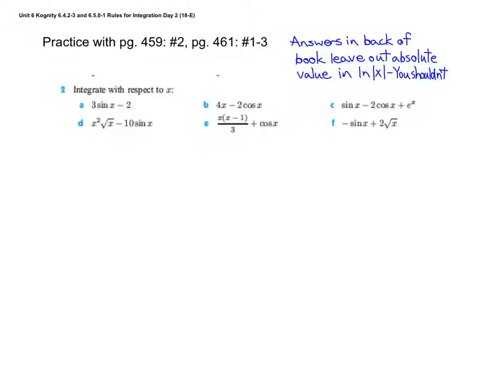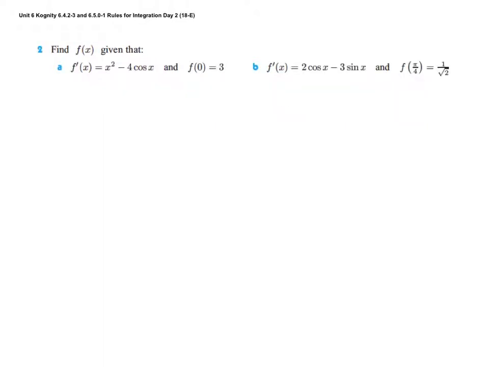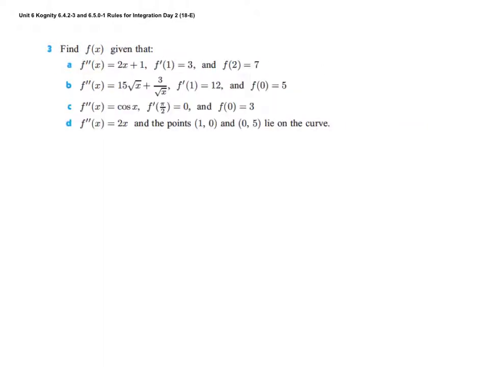Now, let me point out one other thing and then we'll be done here. Let's go down here. On number 3 here, A, B, and C are exactly like the example that we did, where you had to take the integral to find the derivative.